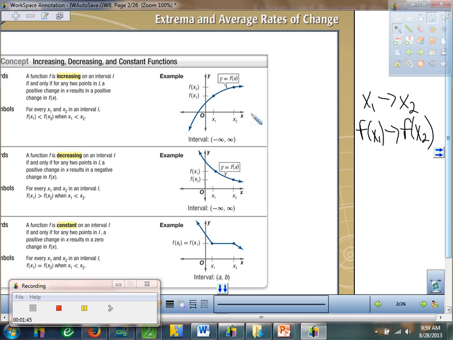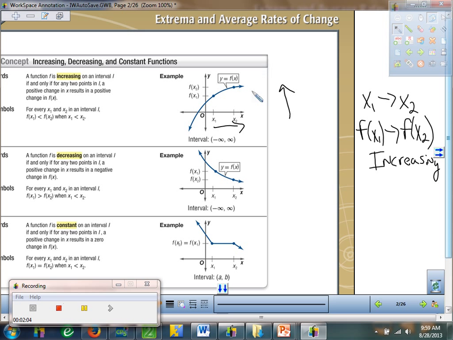I'm going to draw a little arrow over here. As we go from here to here, we notice the y's are increasing, or getting more positive. So we would say this is increasing. Our functions could increase in places and decrease in other places, but from x1 to x2 in this case, our function is increasing.